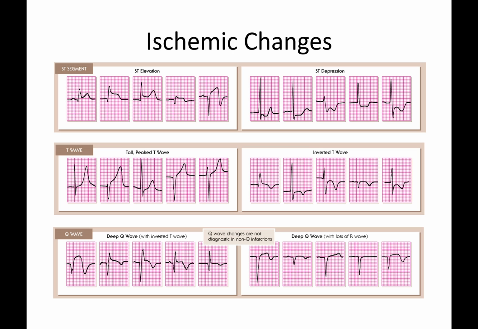All right, so example time. We always love examples. Examples of ischemic changes. The big thing for anything that we do when we're looking at changes is that it needs to be in two contiguous leads, ones that are side by side in the same area.